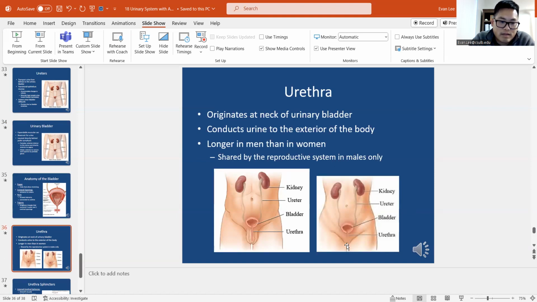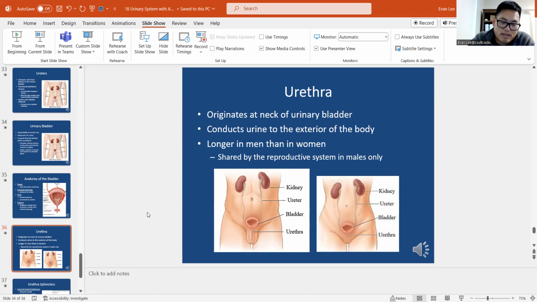But for the male urethra, there are three parts to it, and it's also longer. You can see the urethra traveling down from the urinary bladder, but it also has to travel through the prostate, through the urogenital diaphragm, and then finally down through the penis as well. So it is a bit longer in male bodies.